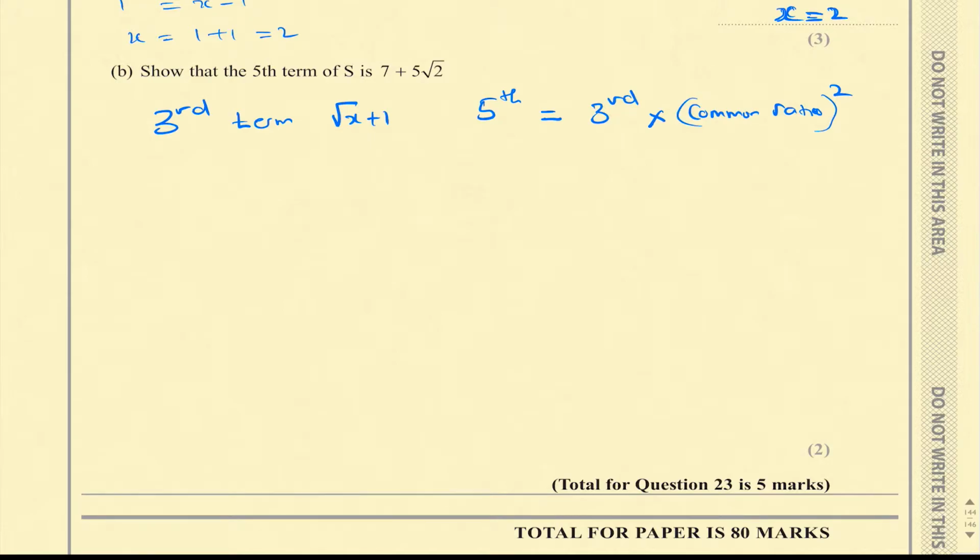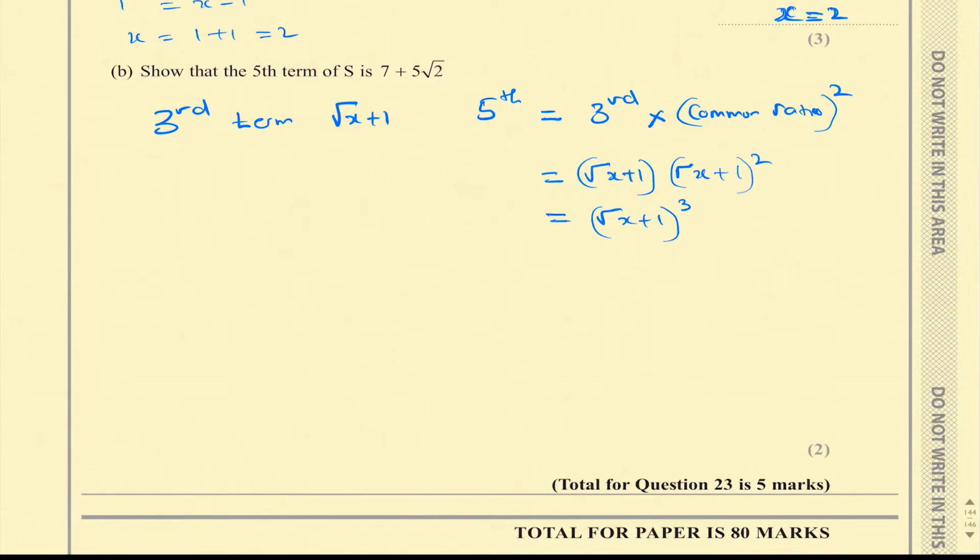So that's what the fifth term would be: (root x plus 1) times (root x plus 1) squared, and that will become (root x plus 1) cubed.